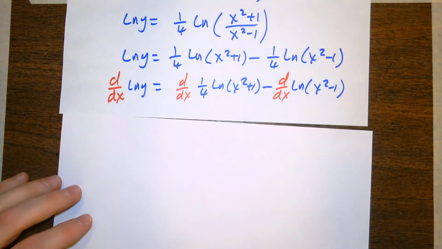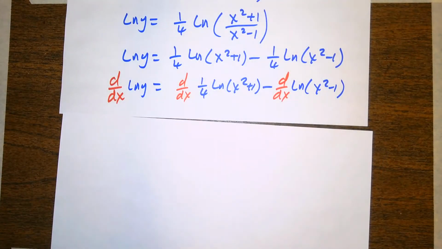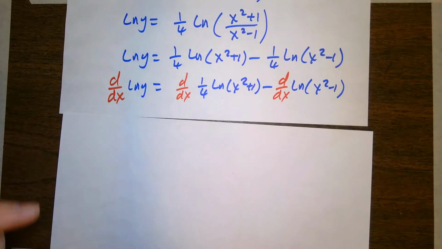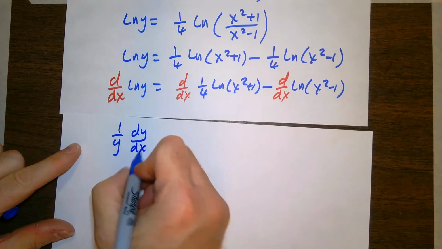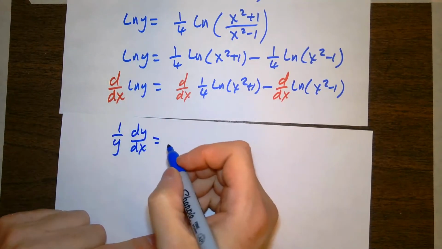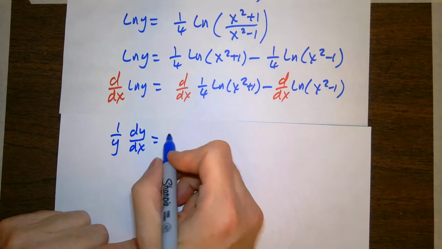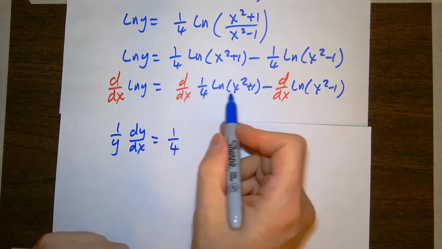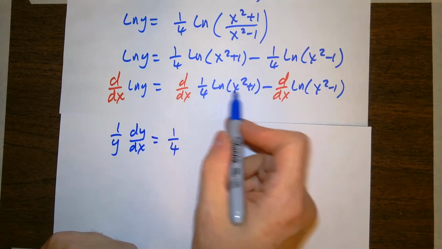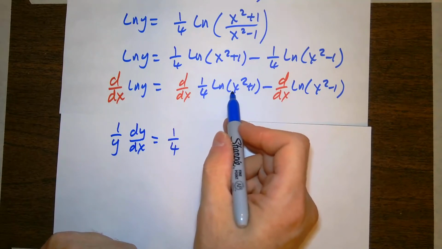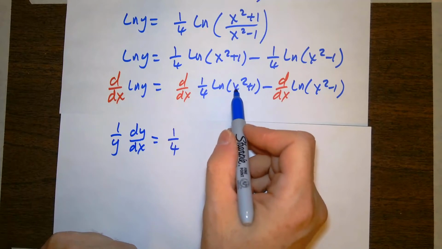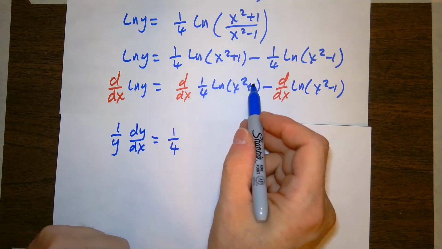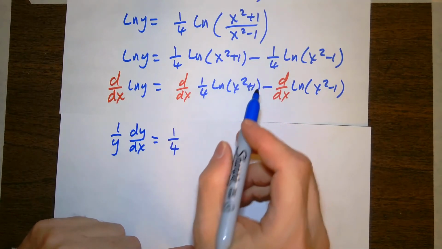Well, the derivative of the natural log of y is going to be 1 over y times dy dx equals, the derivative here is going to be 1/4, and then I'm going to look at the derivative of what's going on in here. This is the natural log of x squared plus 1.